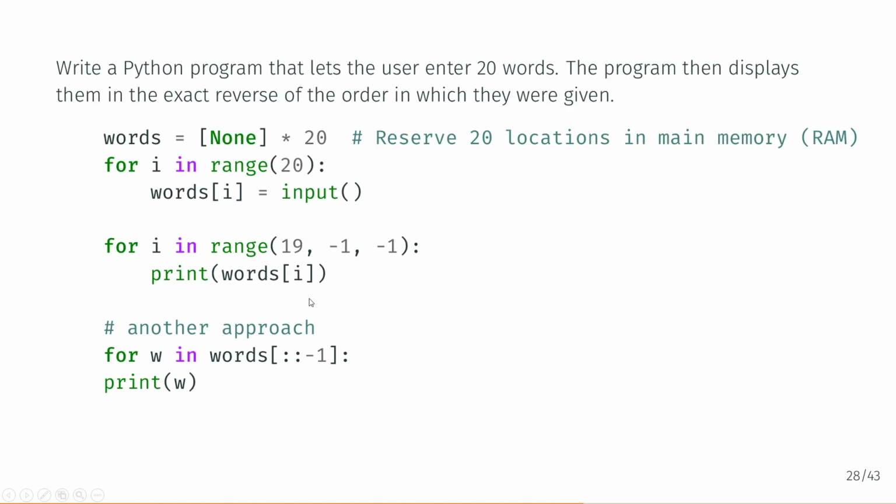Now in this next program, it lets the user enter 20 words and then it displays them in the exact reverse of the order in which they were given. So this is where lists really come in.